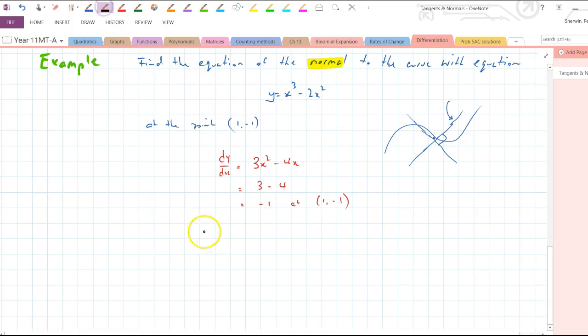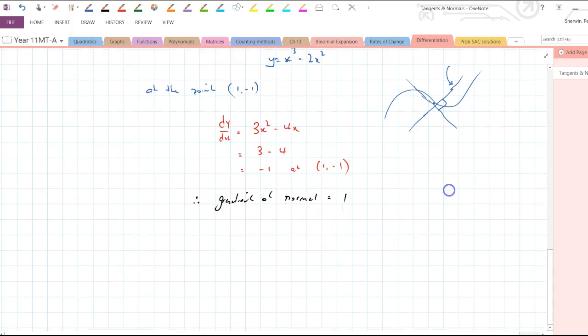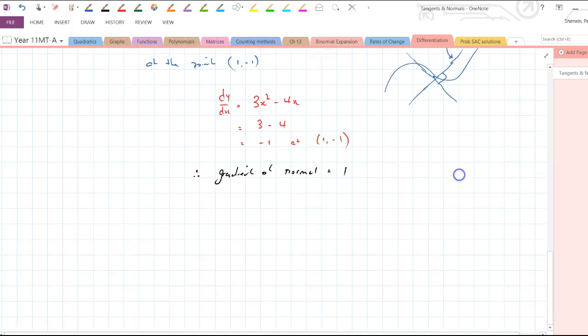So therefore, really importantly, the gradient of the normal is equal to the negative reciprocal of this, which is 1. Or if you like, multiply to minus 1. So the gradient of the normal is 1. So therefore, the equation of the normal is, here we go, y minus y1, which is minus 1.